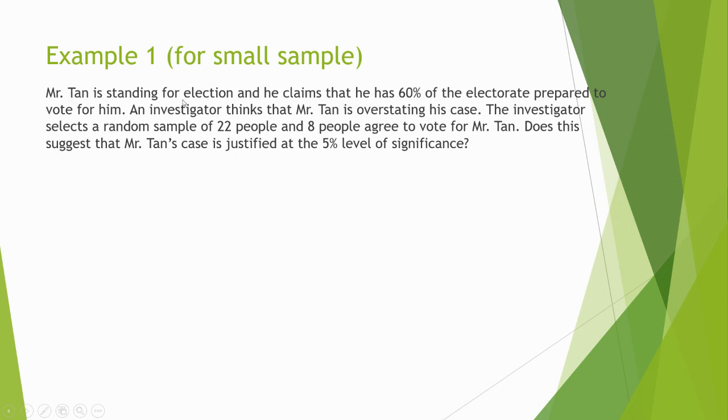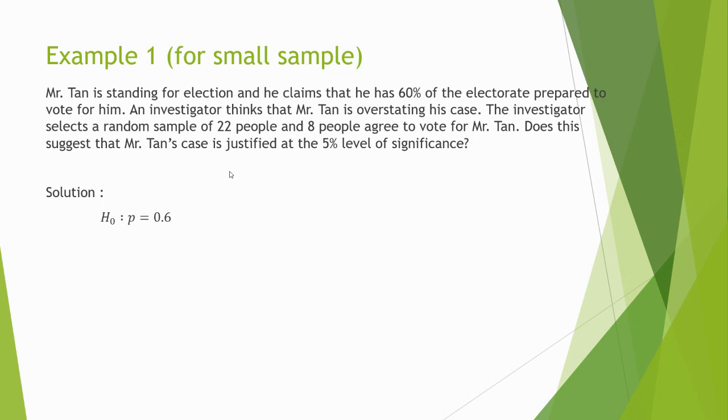Mr. Tan is standing for election and he claims that he has 60% of the electorate prepared to vote for him. An investigator thinks that Mr. Tan is overstating his case. The investigators select a random sample of 22 people and 8 people agree to vote for Mr. Tan. Does this suggest that Mr. Tan's case is justified at the 5% level of significance?